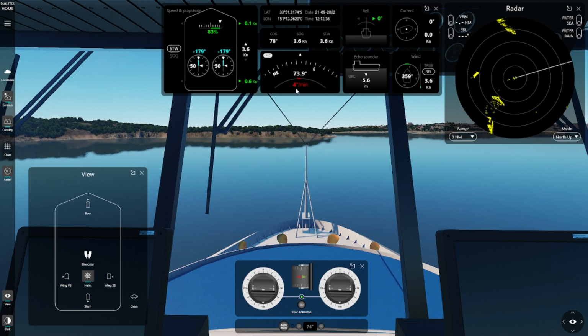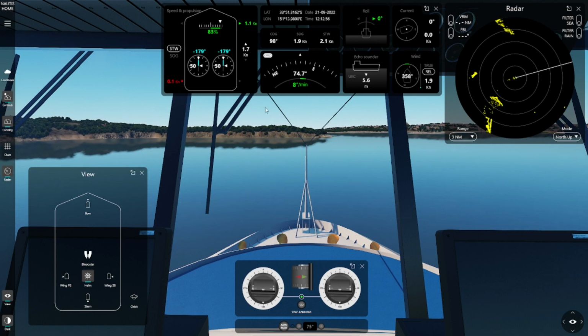Take note of the rate of turn indicator. That's a very good measurement for the effectiveness. And you can also look at the conning display as well. We're already down to 2 knots, and you can see the ship is starting to rotate quite quickly.